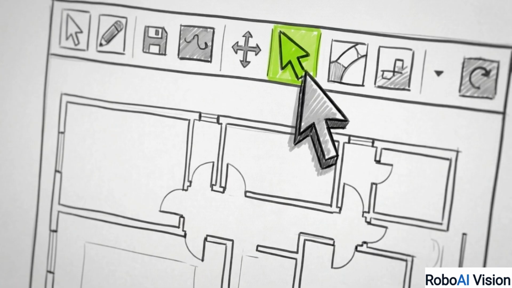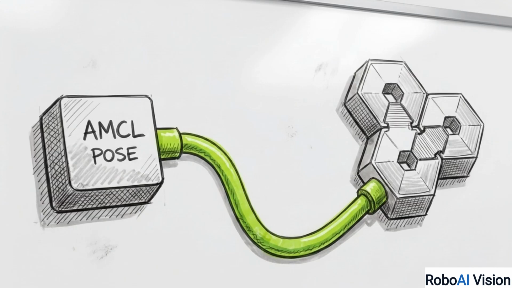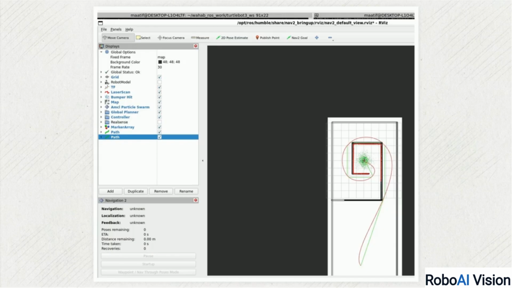With the simulation running and localization listening, Terminal 3 introduces RViz. This is the manual intervention step in the sequence. The custom navigation stack we are about to launch requires a constant stream of data from the AMCL pose topic to function. This image shows the RViz interface. Notice the green AMCL particles around the robot.